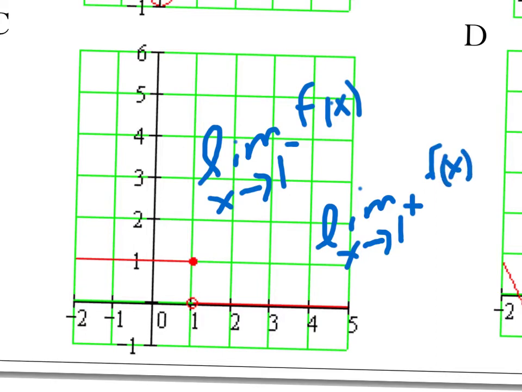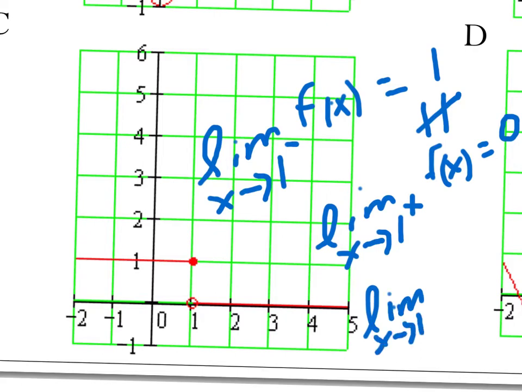These are both what we call one-sided limits. Those limits, if you notice, exist. Remember, the left-hand limit was equal to 1, and the right-hand limit was equal to 0. And since these are not equal to one another, we then said that the limit as x approaches 1, notice no positive or negative symbol, so we're looking at the whole limit, equals DNE, does not exist.